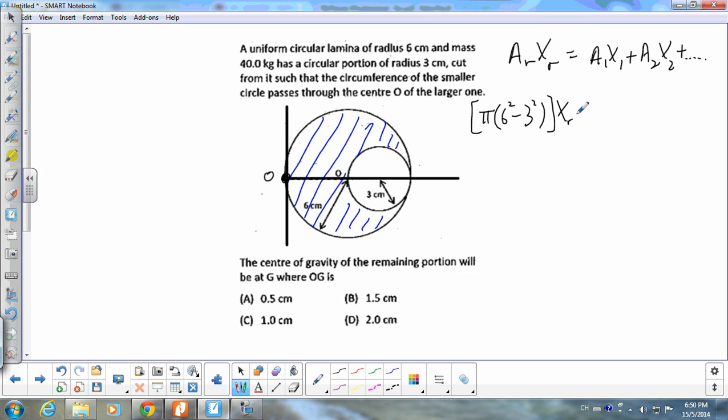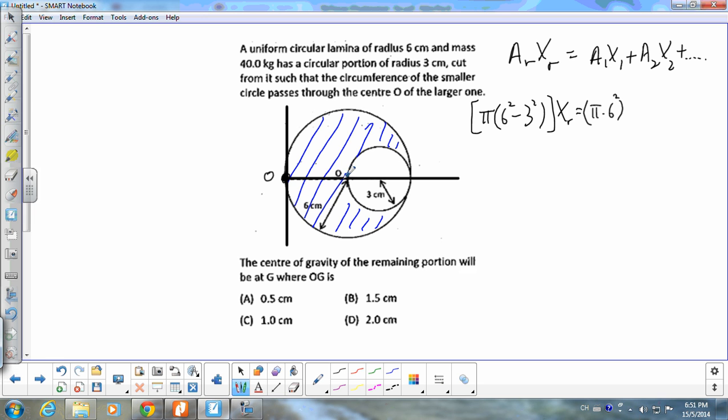Now this equals, what about the A1? Let's say the big circle represents the A1. So area 1 is pi times r square. Now what about X1? X1 represents the center of gravity for the big area. Where is the center of gravity for the big area?